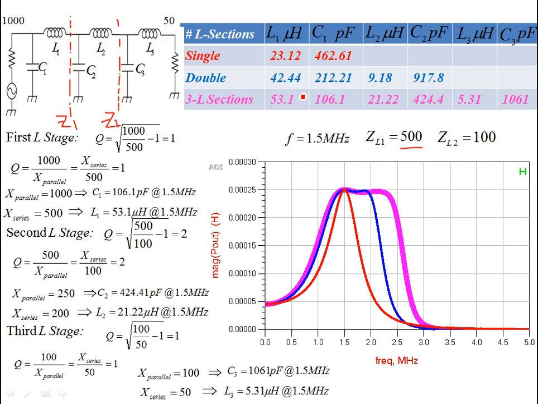Because this 500 is going to appear at Z1, and Z1 is supposed to be greater than Z2. It has to be, because your shunt capacitive elements are in parallel, coming across Z1 and Z2, so these are higher impedances.